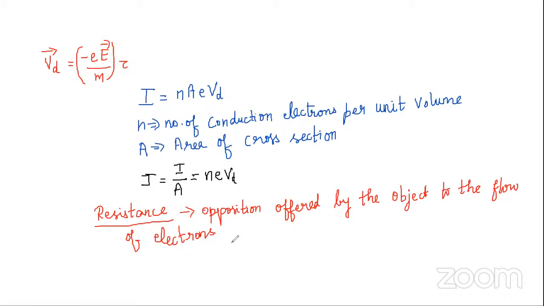Sir, R is equal to V by I, sir. You are right. So R is equal to V by I. Yes, sir, Ohm's law formula. This is called Ohm's law.